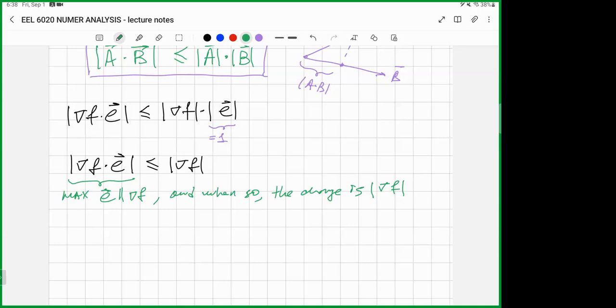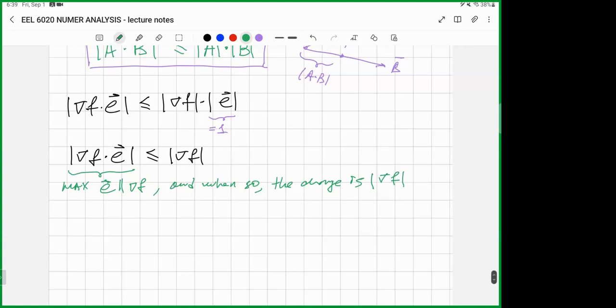Okay, so the gradient indicates the direction in space in which the field changes the most, with the maximum rate. And this rate of change is equal to the modulus of the gradient. This is quite important.